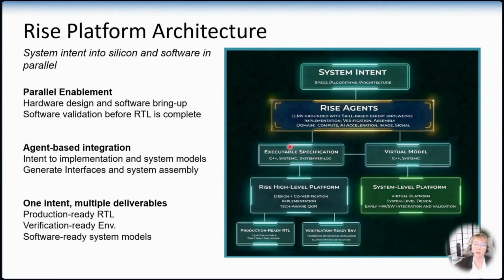And that executable specification also enables the virtual model and the system level design, enabling this parallel enablement between hardware and software. Essentially, one intent, one description of your system intent, and three different results of that: the software ready model, the production quality RTL, and the verification environment. So we'll dive down into each of these pieces individually.